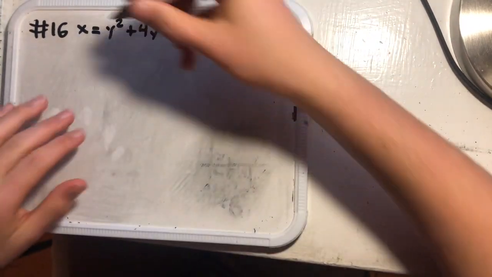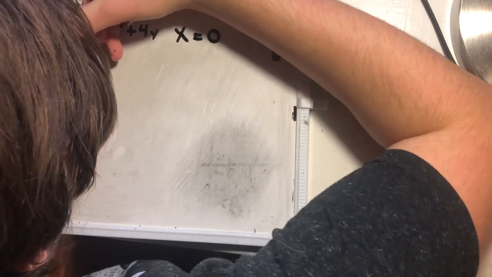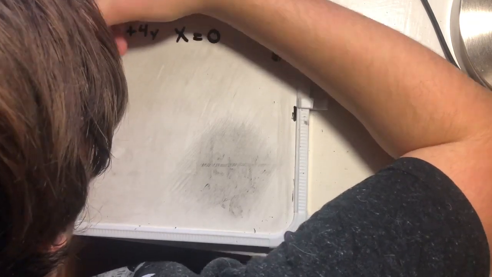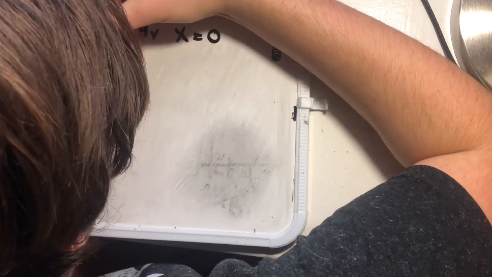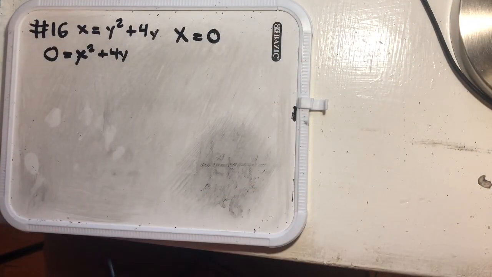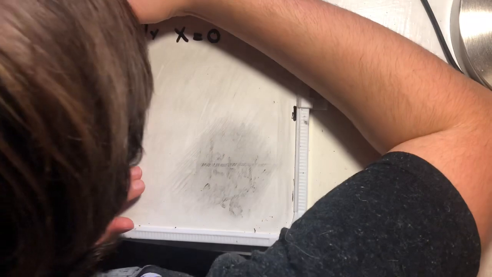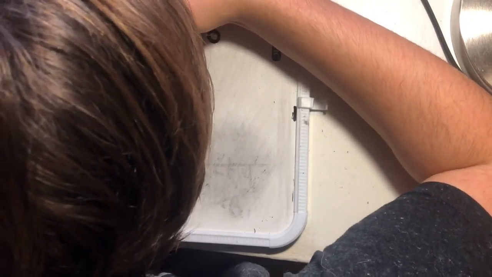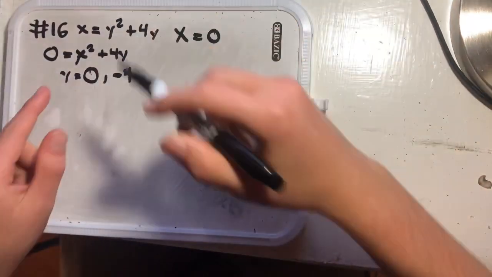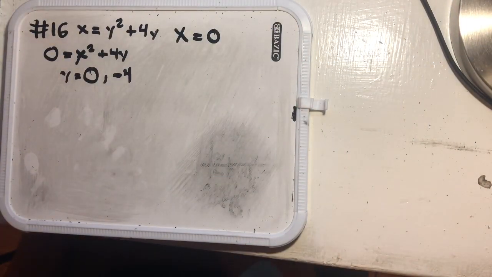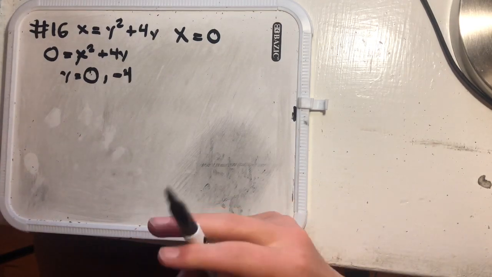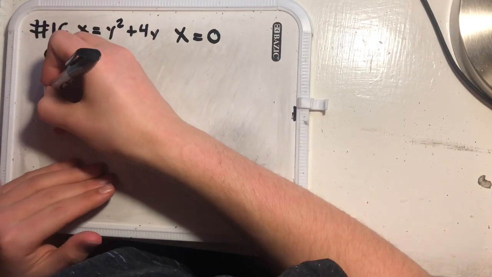So 0 equals y squared plus 4y. Now your zeros in this equation are going to come out to y equal to 0 and y equal to -4. Okay, next we're going to take the integral as we were finding the area.